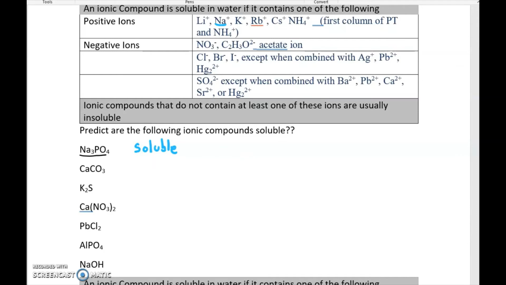Calcium carbonate. Well, calcium is not one of the positive ions mentioned here. So then we need to check our negative ions and see if carbonate is any of them. And we do not have carbonate on our list. So we will list this as being insoluble.